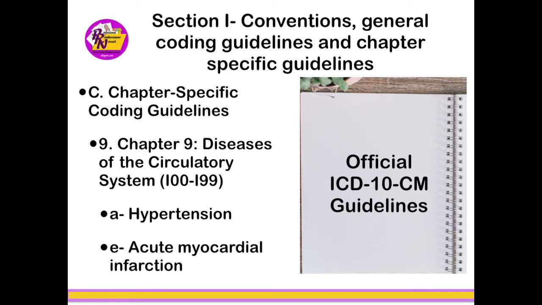When a type 2 acute myocardial infarction is described as NSTEMI or STEMI, only assign code I21.A1. Codes I21.01 through I21.4 should only be assigned for type 1 acute myocardial infarctions.